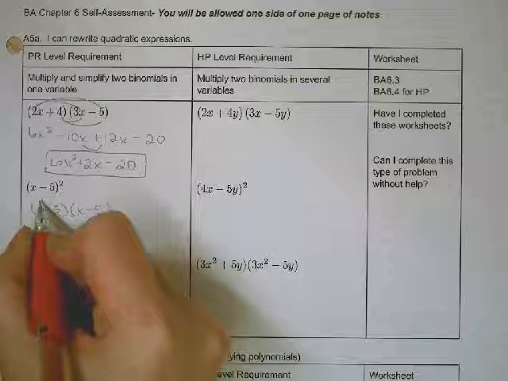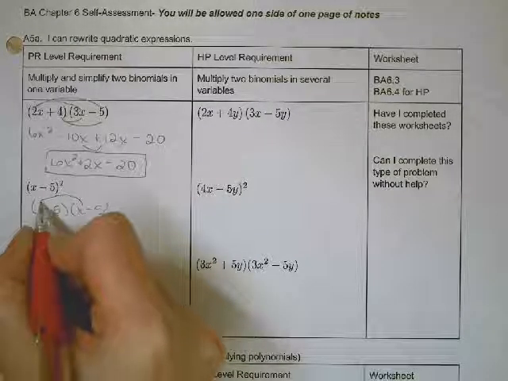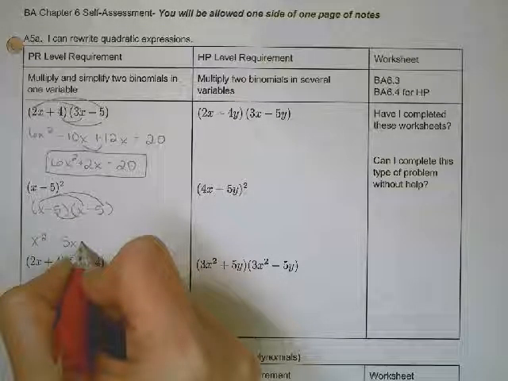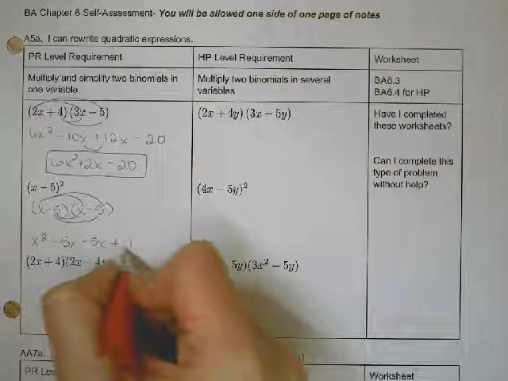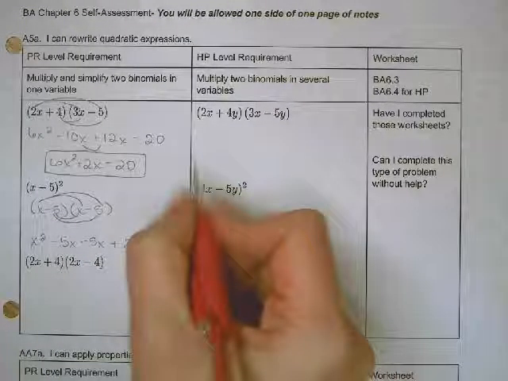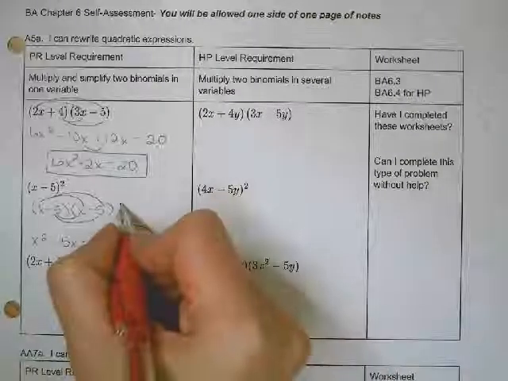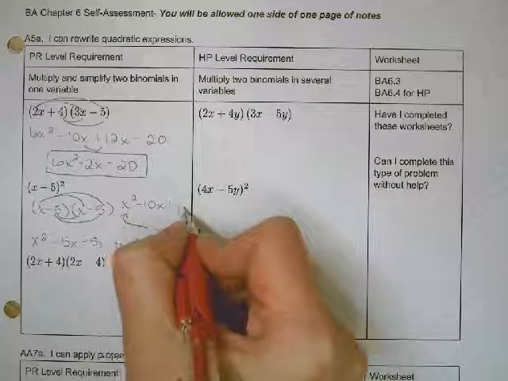If I multiply that out, that's x squared minus 5x minus 5x plus 25. What that would reduce to, and I'm going to put that up here, is x squared minus 10x plus 25.